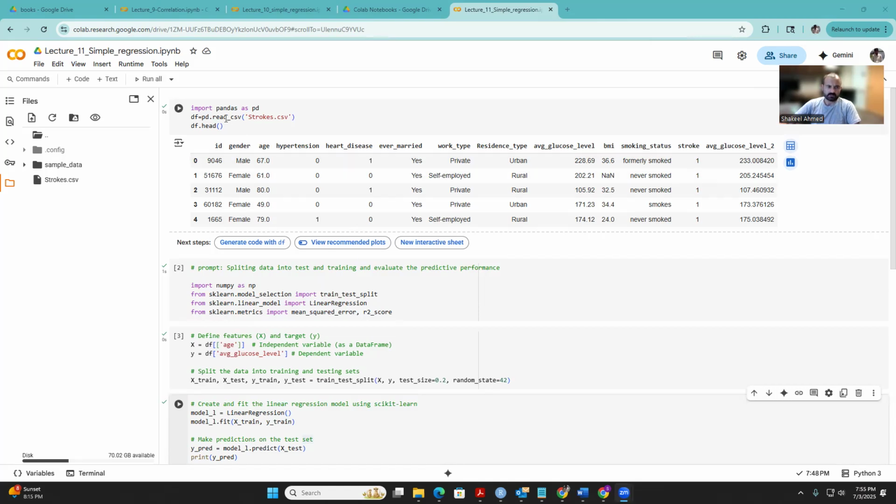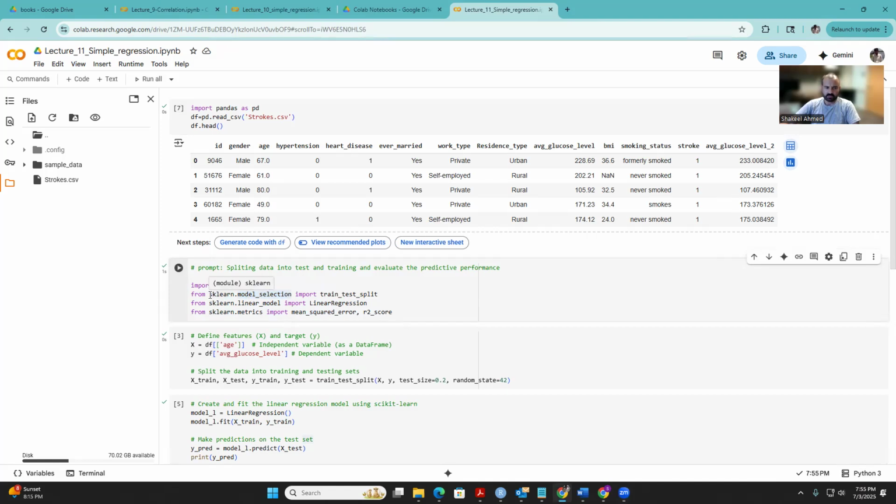So we start again with this strokes data. I have imported the data here, and then we need some packages. sklearn is used for prediction problems and most machine learning models.